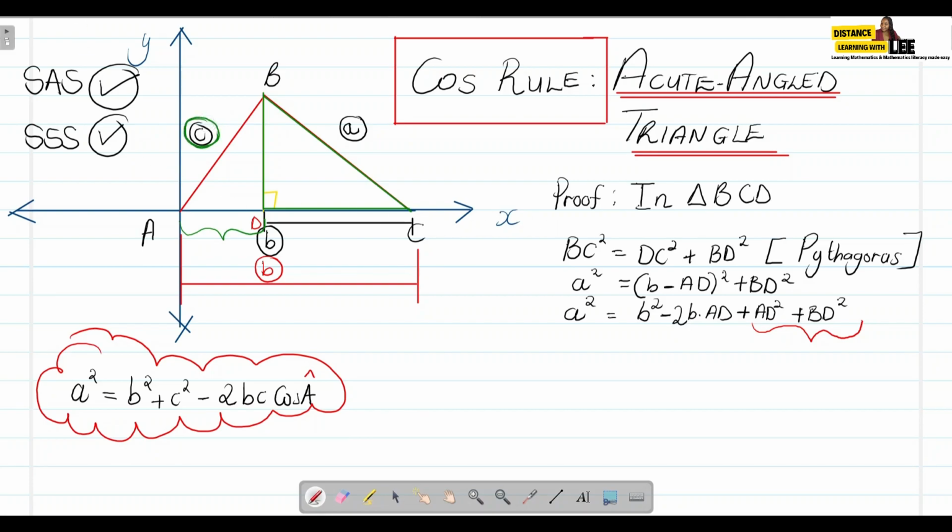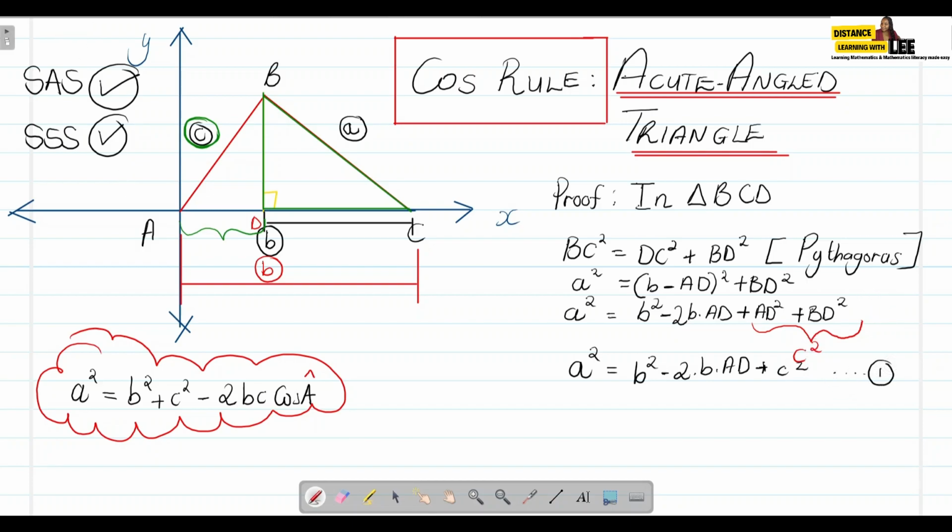So we can write it as C squared. Meaning, if we rewrite this, A squared is equal to B squared minus 2 times B times AD plus C squared. And that is going to be our equation number 1.